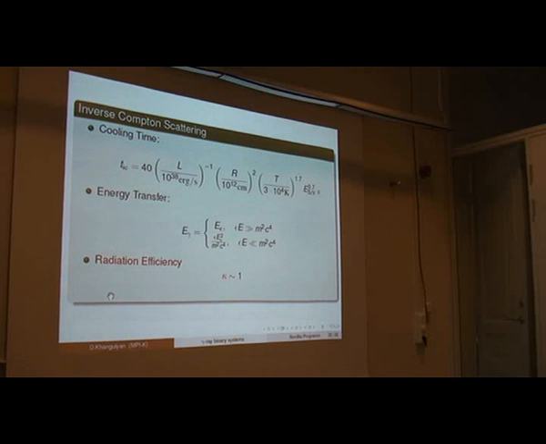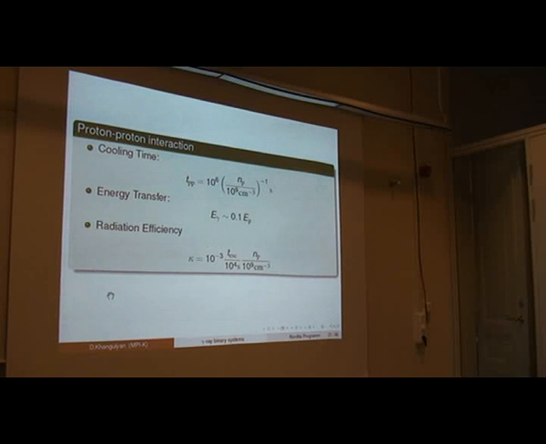And we may check, for example, inverse Compton scattering. We have the cooling time. We have energy transfer, which is basically all the energy in the Klein-Nishina regime goes to the gamma ray. And for inverse Compton scattering, we get the radiation efficiency close to 1.